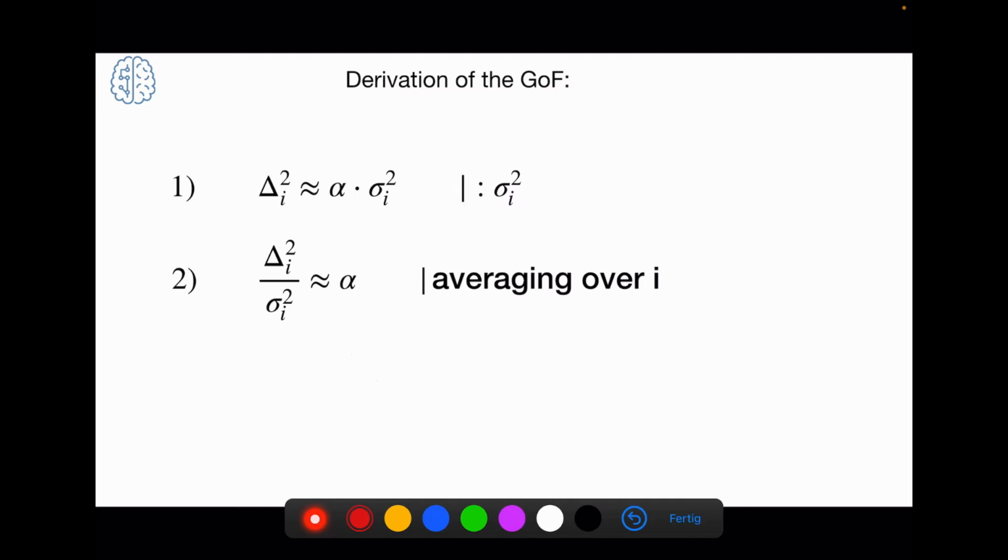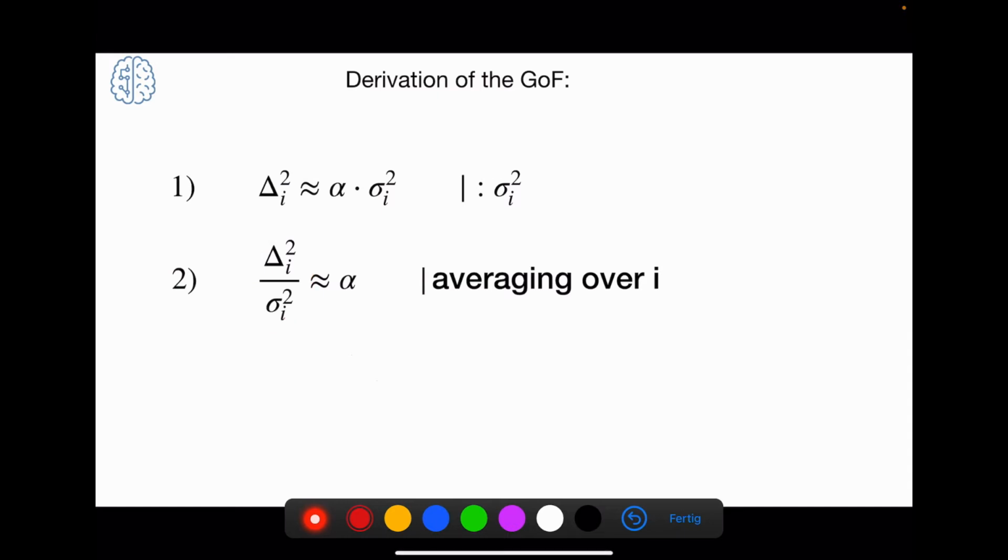And this is not an identity, it's a statistical relation and meant to be valid in an order of magnitude sense. It's clear that this entity on the left-hand side can be 0, or it can be 9, for example. If it would be 9, it would come from a residual with absolute value 3, so 3 standard deviations away from 0.